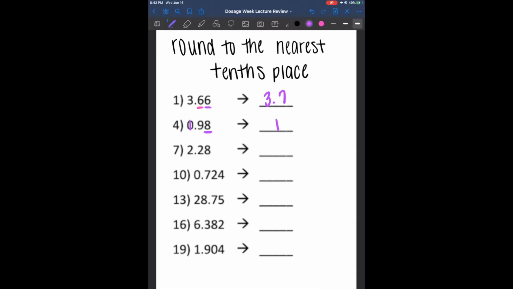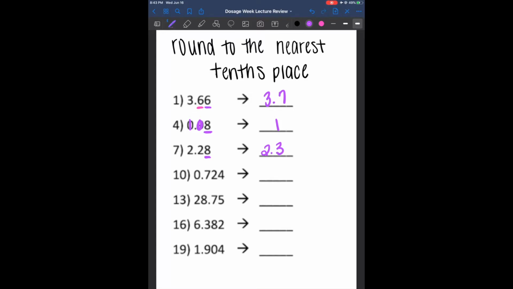So you would gain your number here, and this would change to a 0. 2.28. We're basing how we round on this 8 here. It's 5 or greater, so we want to add 1 and make it 2.3.